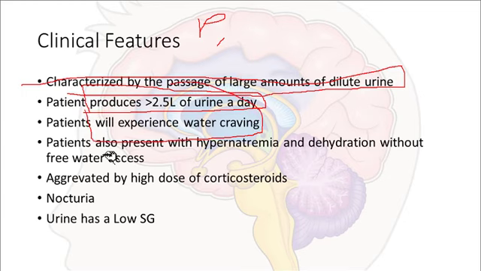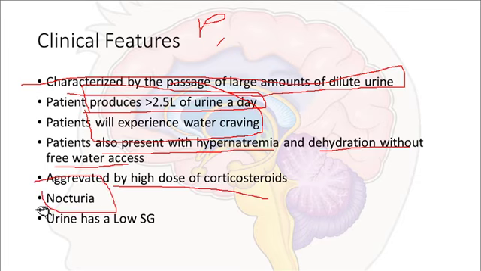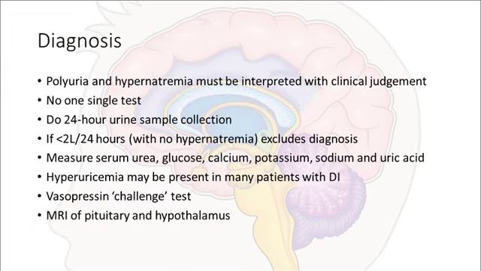Patients will also present with hypernatremia and dehydration without free water access, and it is aggravated by high doses of glucocorticosteroids. Patients will also experience nocturia, and as I said before, they will produce a large amount of urine, so they'll have polyuria with a very low specific gravity.